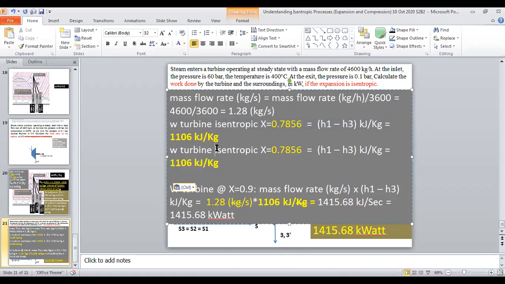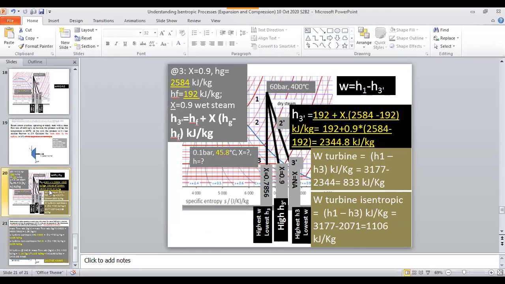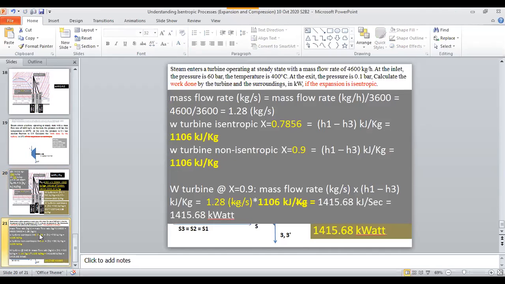W2, non-isentropic, x equals 0.9. H1 minus H3, what's the value? 833. 833.